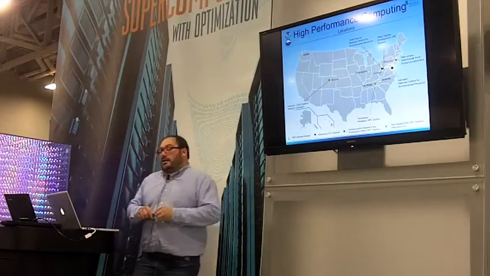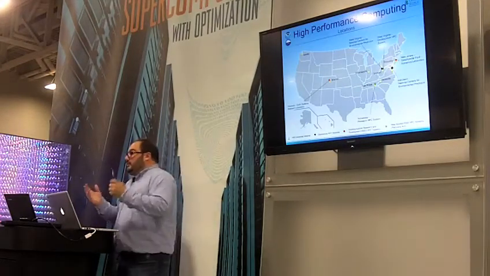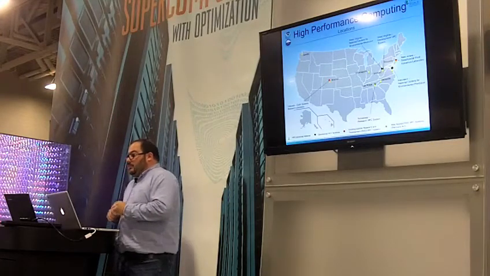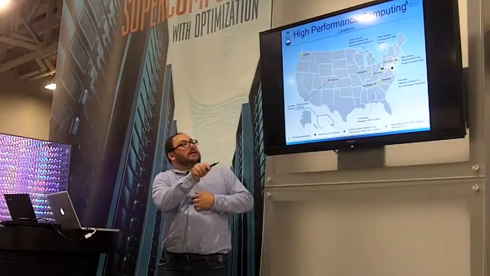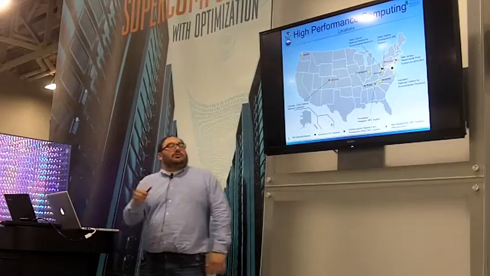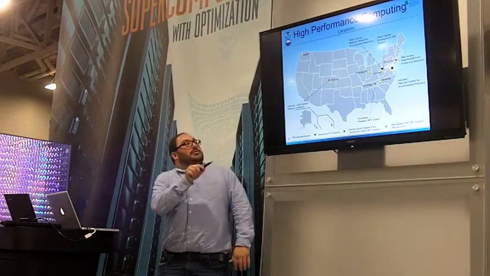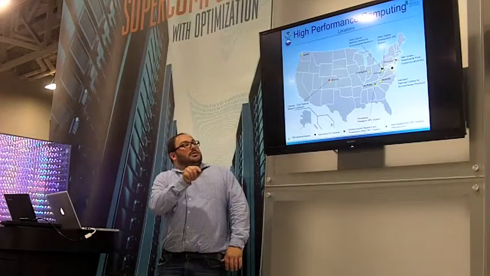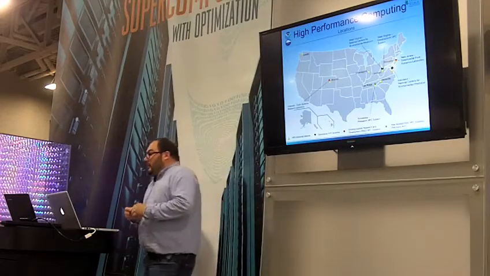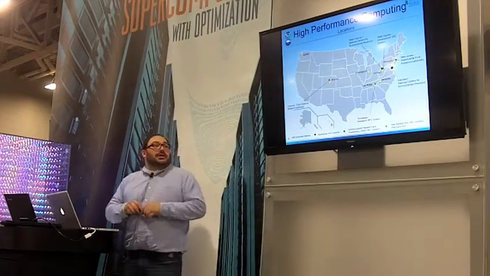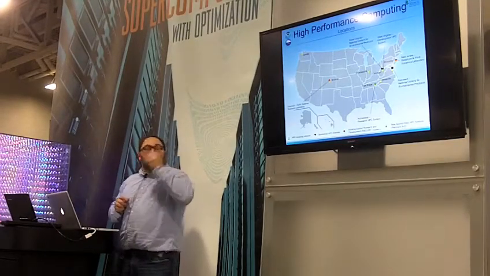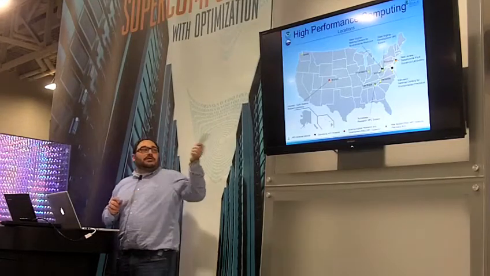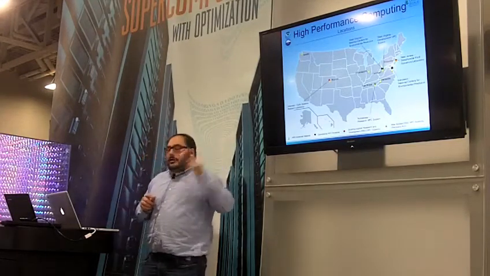Okay, so NOAA is spread out across the country, as any government agency is. I'm in Princeton, which is the red dot there. We have operational research computer centers in Boulder, and we have one out in Maryland as well. We do have two other operational sites. One is in Fairmont, West Virginia, and Reston, Virginia, and Orlando.